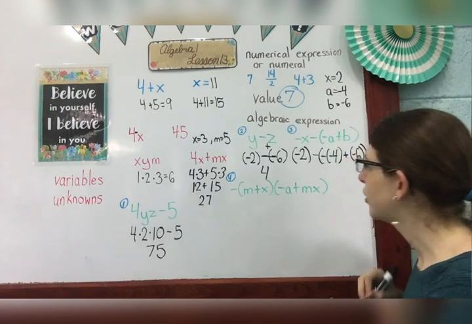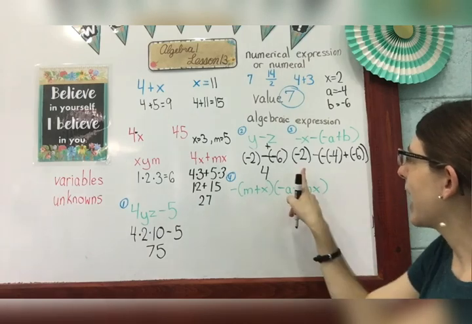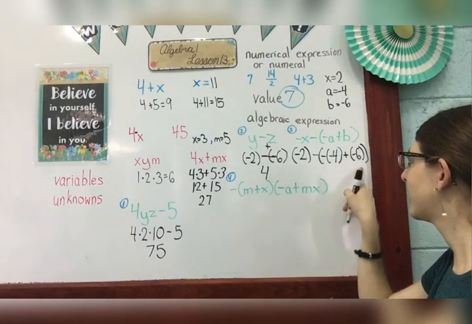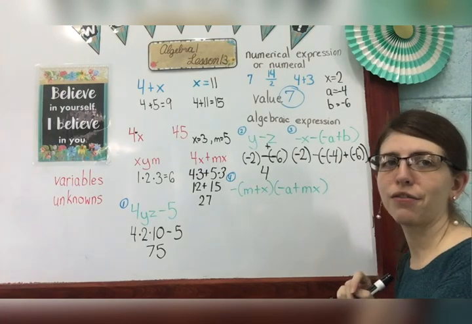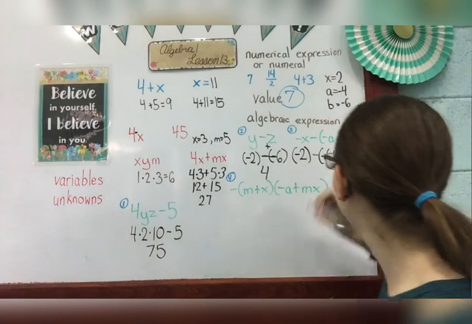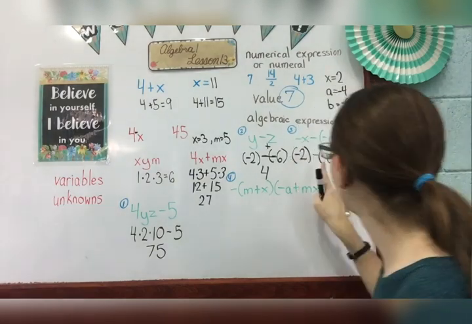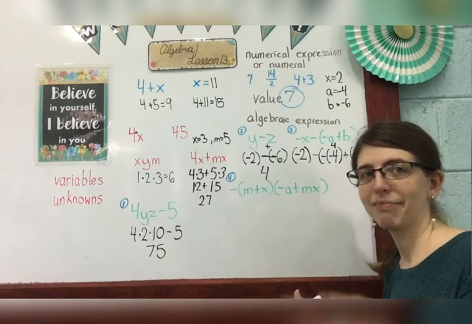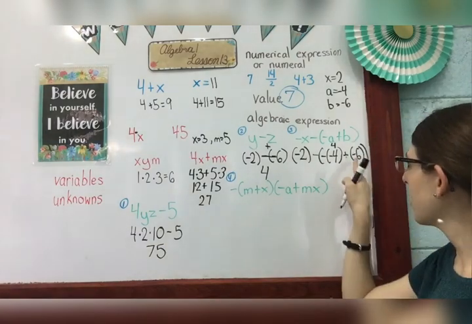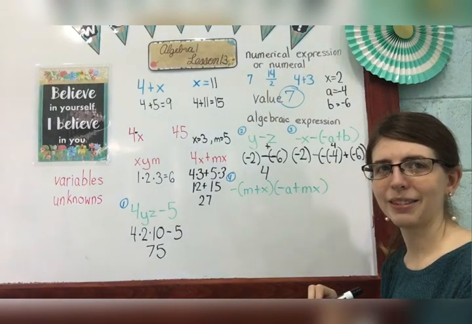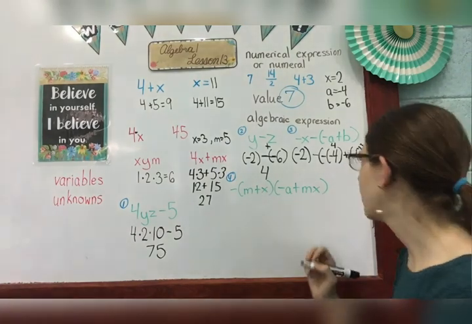Okay, so now I can solve my problem. Negative 2 minus the opposite of negative 4 plus negative 6. What's the opposite of negative 4? Positive 4, right? Because we have two negatives. It's like you're multiplying a negative times a negative. So it's positive 4 plus a negative 6. What's positive 4 plus negative 6? Negative 2.